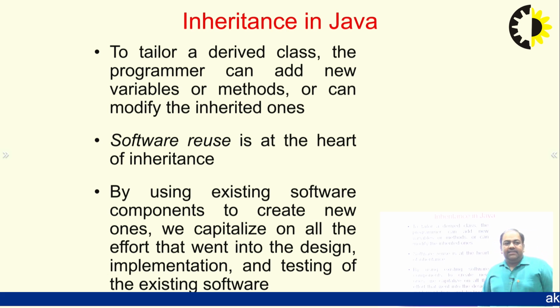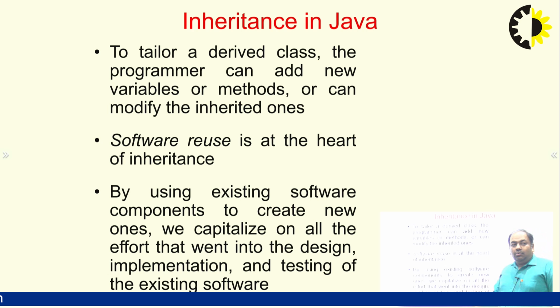In inheritance, the concept we use is software reuse. Software reuse is the heart of inheritance. By using software reuse, we use the qualities of the parent class in a child class without affecting what the parent class is doing. The parent class has a different identity.